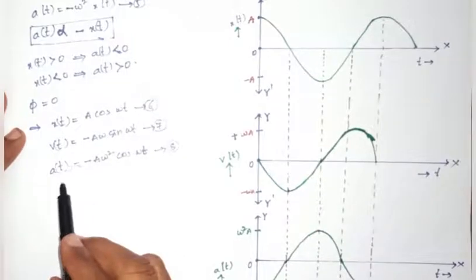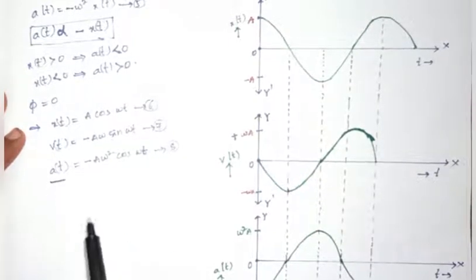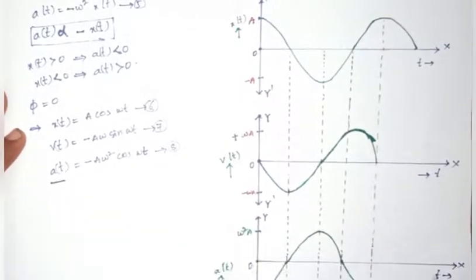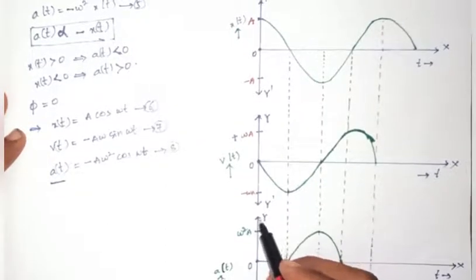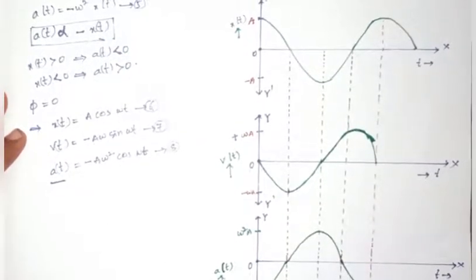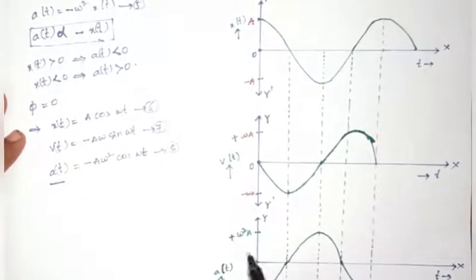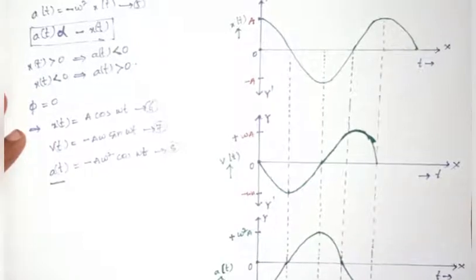And the third one is the graph of acceleration with respect to time. Time is taken on the x-axis and the acceleration of the particle on the y-axis. The acceleration varies from plus omega square a to minus omega square a.